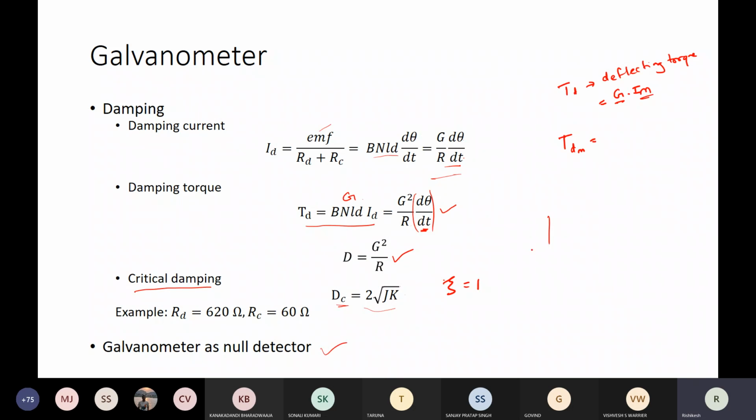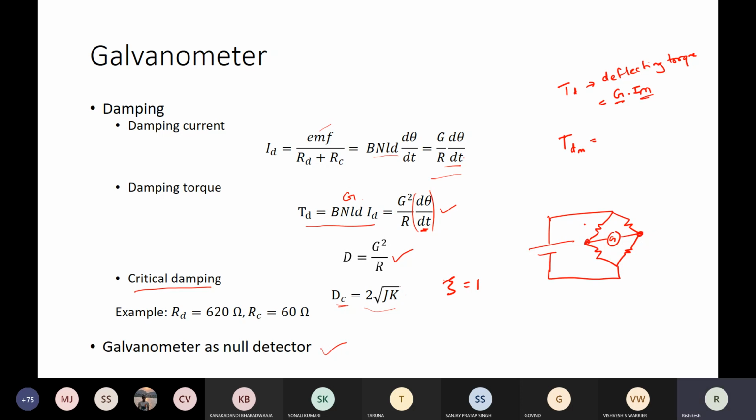So if you remember, in the case of Wheatstone's bridge, you connect, probably you must have seen this G. We connect the galvanometer across the two terminals here.